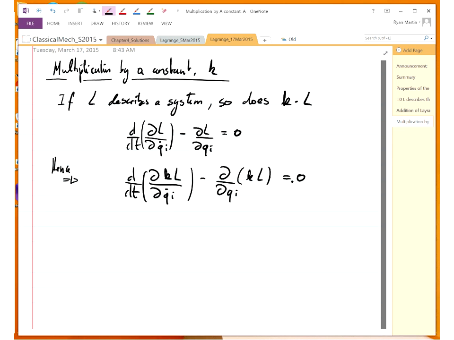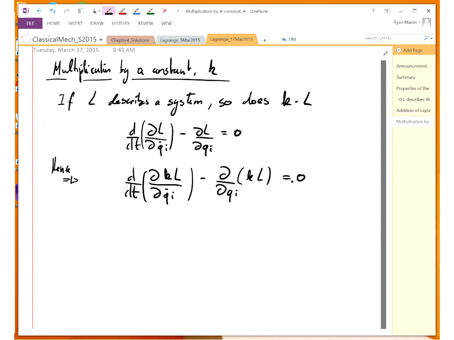In fact, in the discussion that we had the week before spring break, when we looked at the Lagrangian for just a simple particle, we sort of arbitrarily chose an overall multiplication constant that gave us units of mass for the kinetic energy.